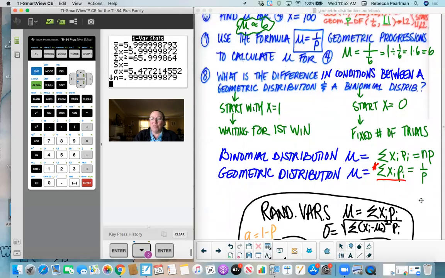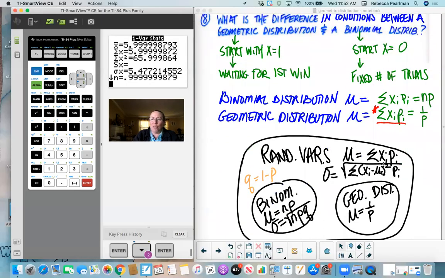Here is random variable land. These formulas should always work. Caveat, for geometric, you have to go out far enough so the sum of the probabilities hits 1. And q is 1 minus p. A binomial variable is a random variable. Geometric is also a random variable.